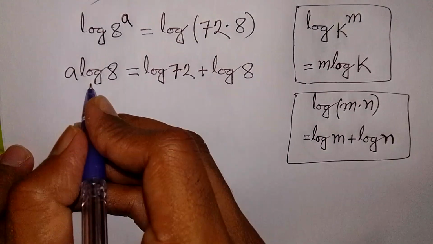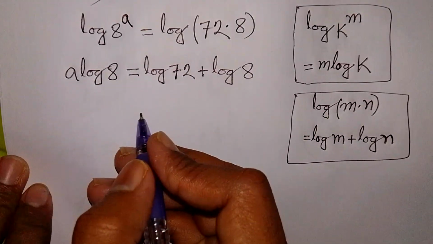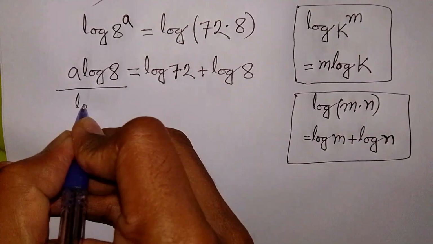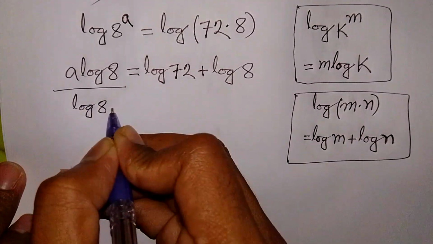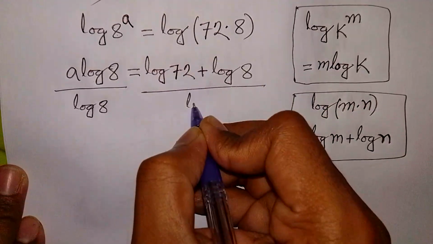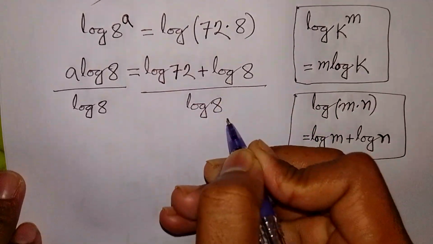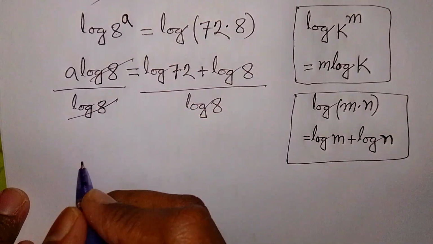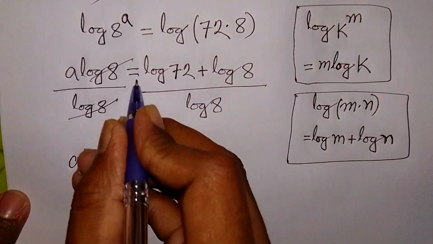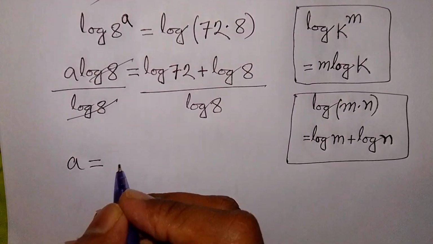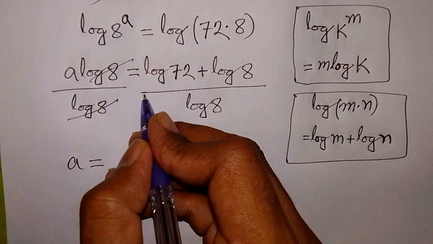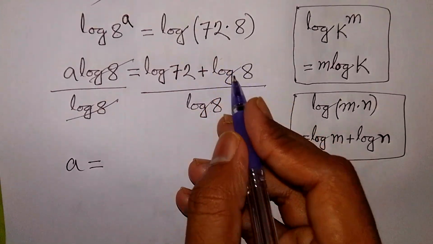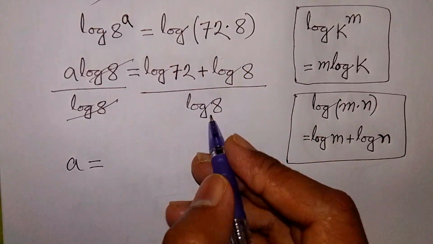Now we divided by log 8 in both sides because we need the value of a. Divided by log 8. This log 8 will be cancelled out. Here a is equal to this part over log 8 then plus this part over log 8.